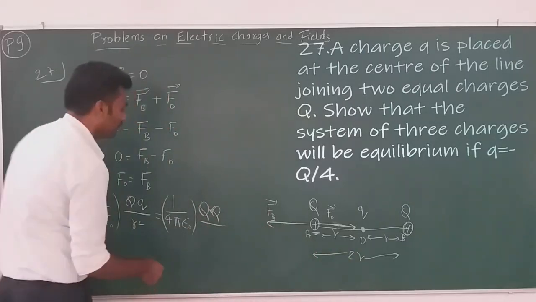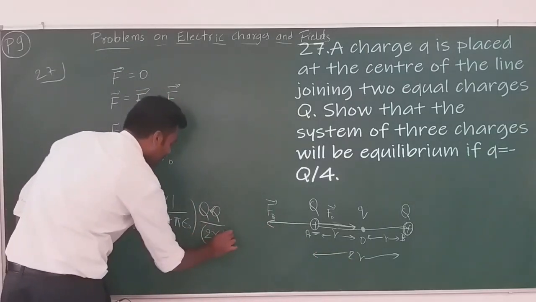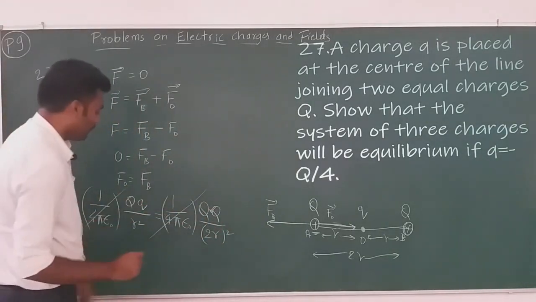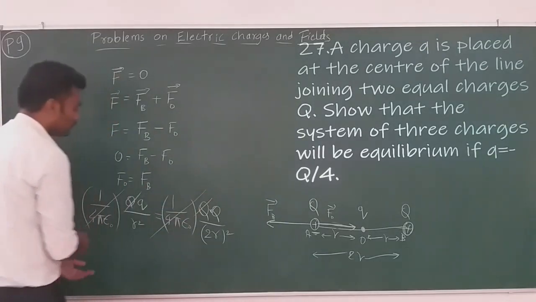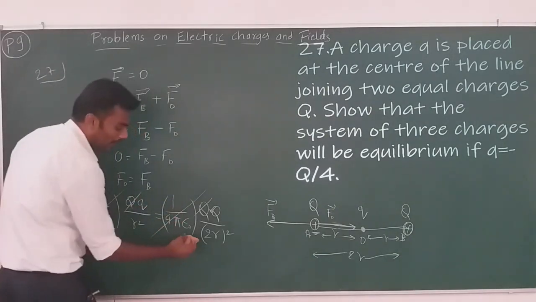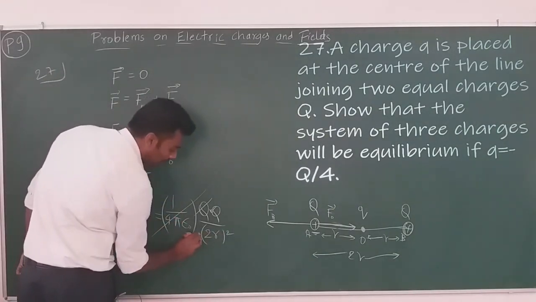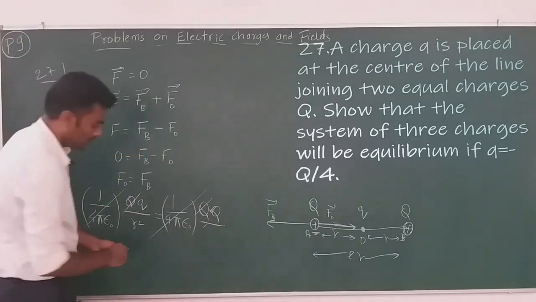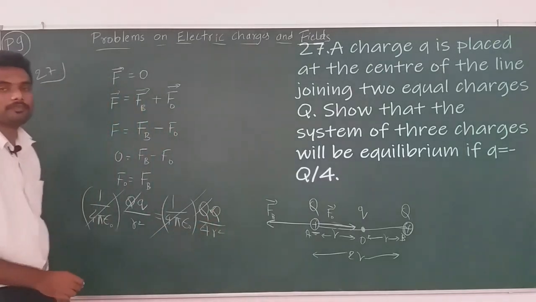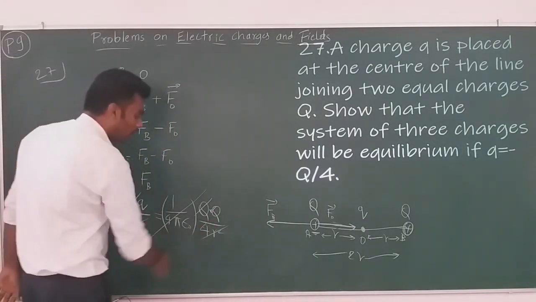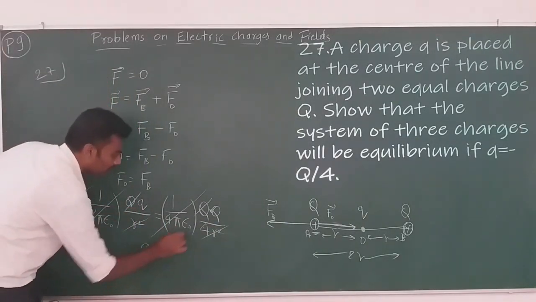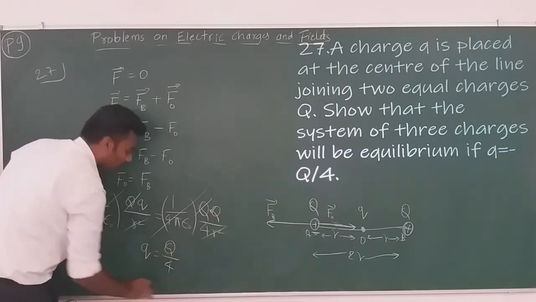So this is 2R squared. Now 1 by 4 pi epsilon naught vanished, and one capital Q vanished. I will directly edit it here itself. 2R whole squared is 4R squared, right? Now R squared also got cancelled. What is left now? So q is equal to Q by 4.